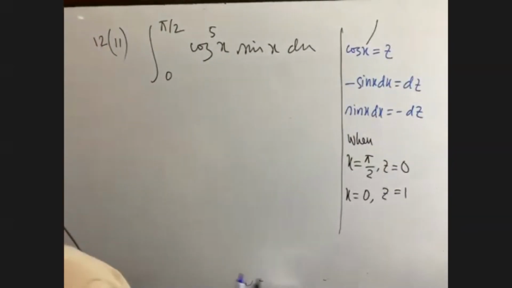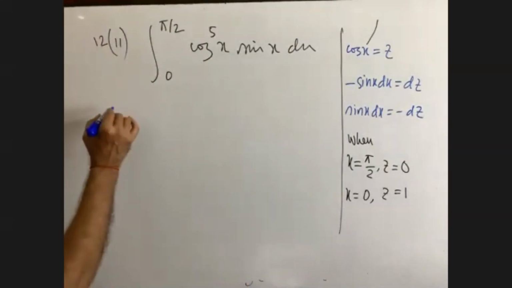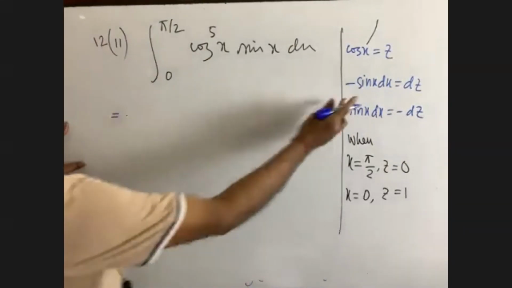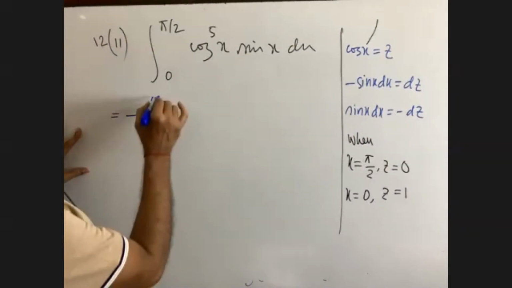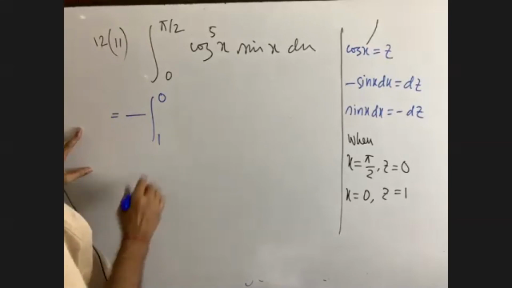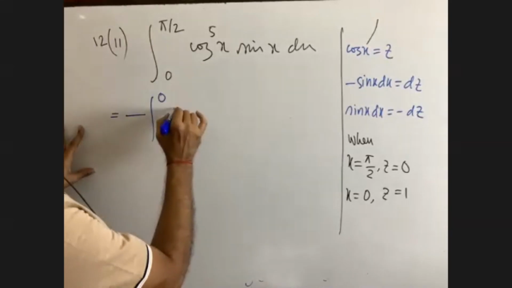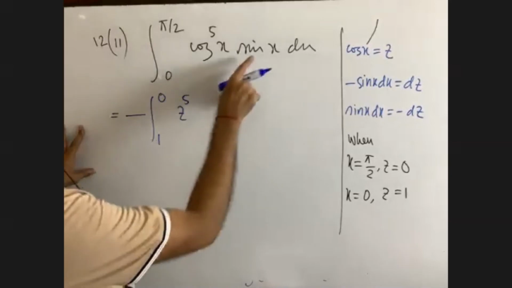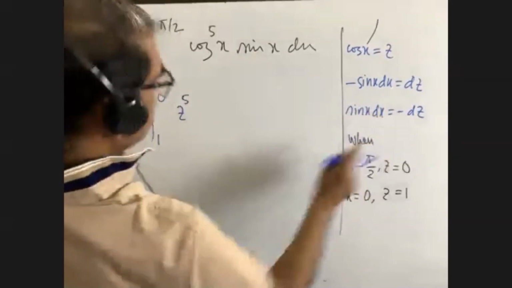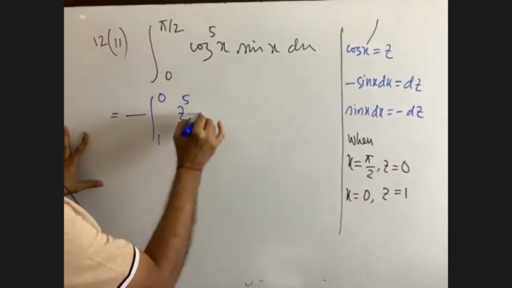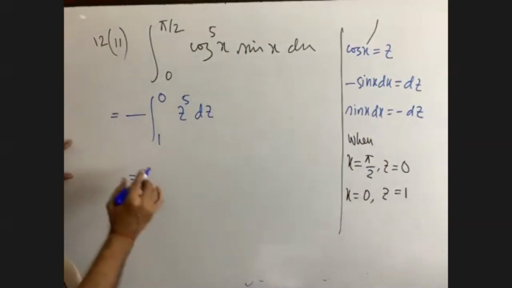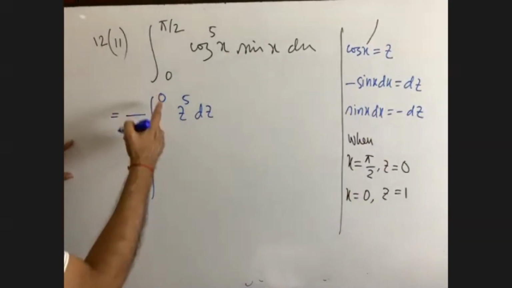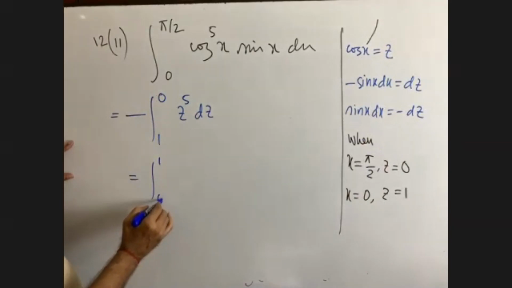Very interesting math. So it is minus, and the limits are 0 and 1. Cos to the power 5x is z to the power 5, and sin x dx equals to minus dz. Can you remember that I told you if it is minus, then the limit will be changed? It will be 1 here, it will be 0 here.